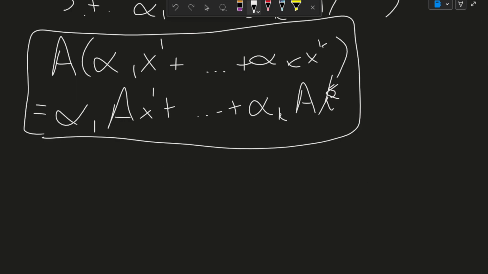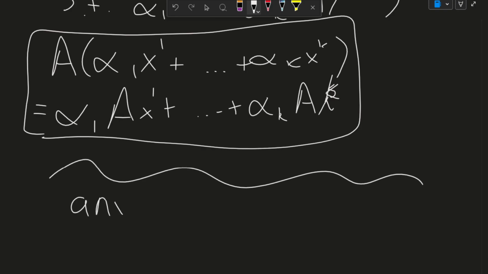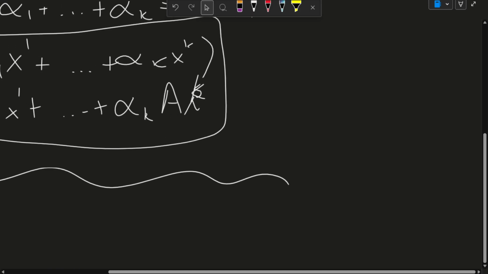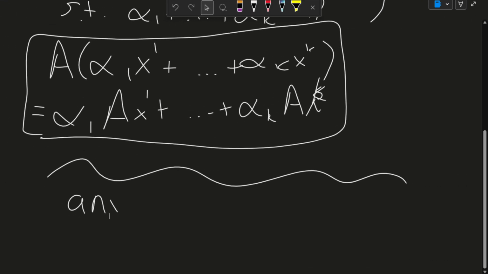A linear transformation distributes over any linear combination.